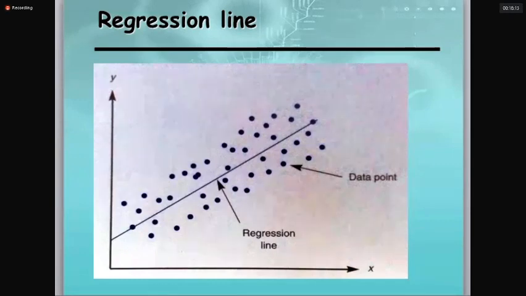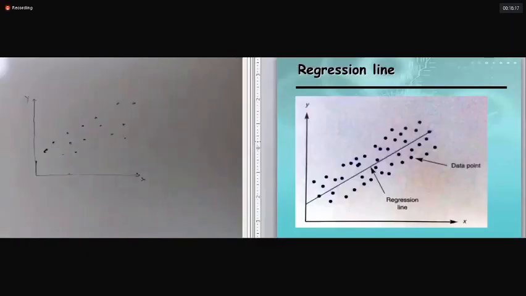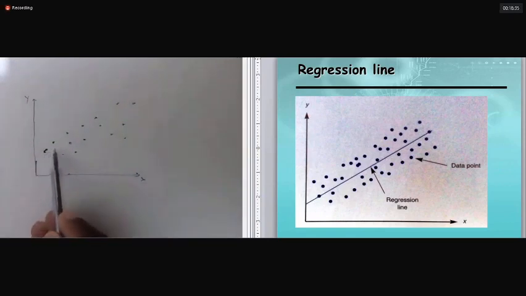Now, look at this graph. If I can draw a straight line to represent all the points, we can find the equation of that straight line. Based on the equation, we can do the forecasting. That is the objective. But if I try to draw a straight line to cut all these points, that is impossible because these points are everywhere, not in a straight line.